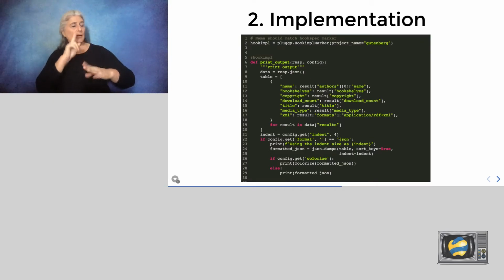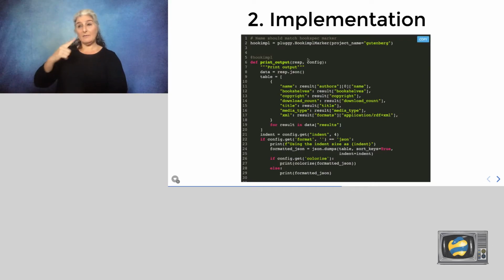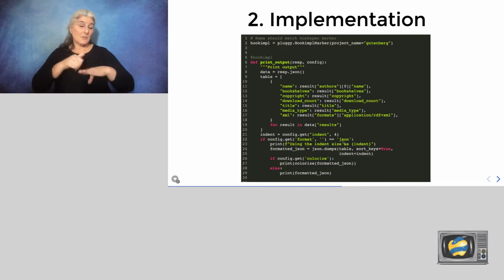Now we get the indent information from the config which was passed to this particular implementation. Then if the format is JSON, this print output implementation will print the data in JSON format. If the user has passed some other format like YAML or XML, this print output will not produce any output.